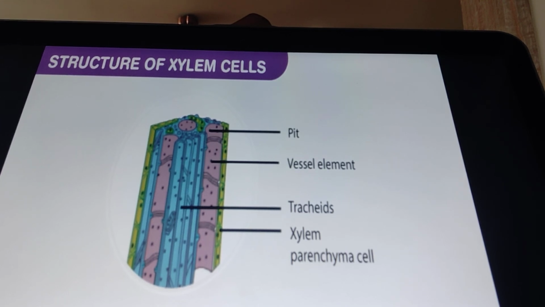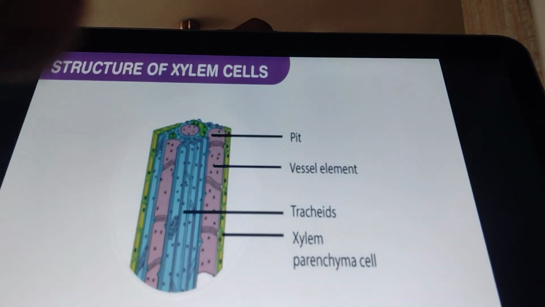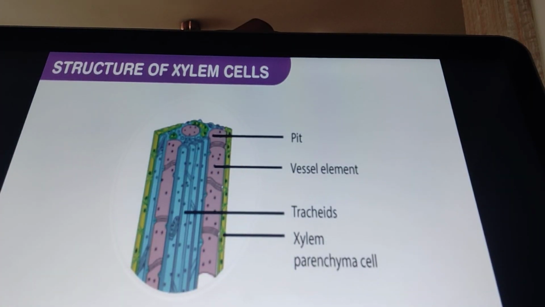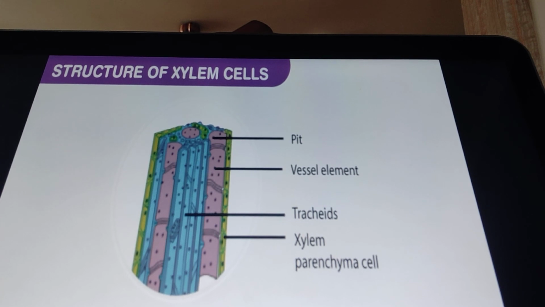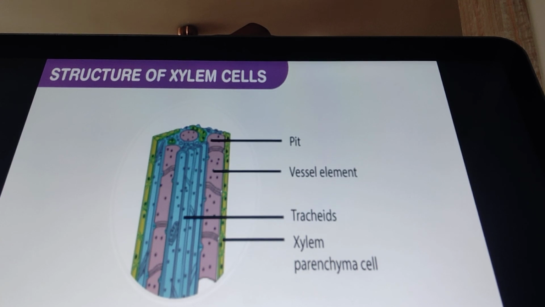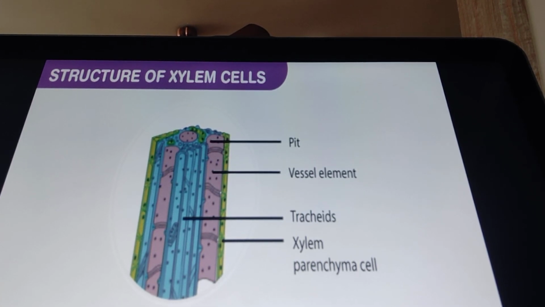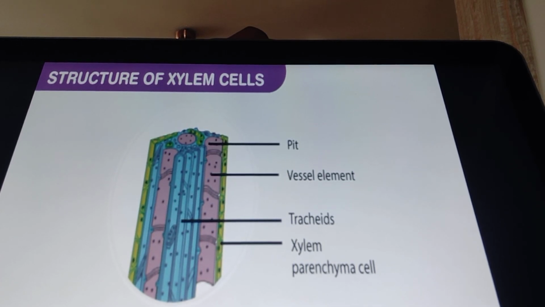So children, this is about the first part of the complex tissue, which we call xylem. I repeat again what we have discussed. Xylem is the tissue which absorbs the water and minerals and supplies them to all parts of the plant body. Xylem consists of four parts: tracheids, vessels, xylem parenchyma, and xylem fiber.